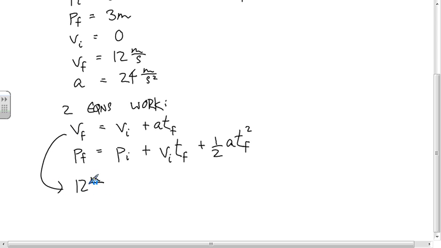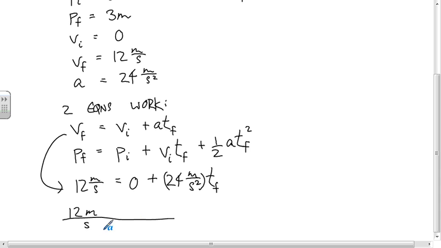12 meters per second is equal to 0 plus 24 meters per second squared times TF. And so divide both sides by 24 meters per second squared. And you get, so 12 meters per second, to divide by 24 meters per second squared, it's like multiplying by 1 over 24 meters.